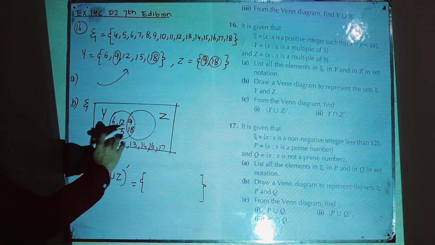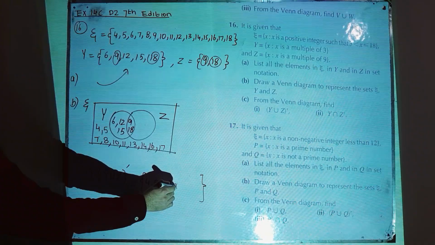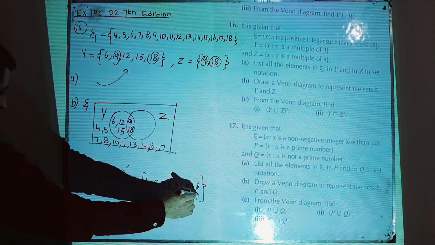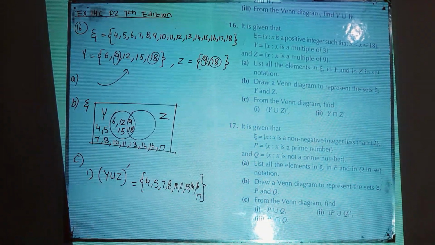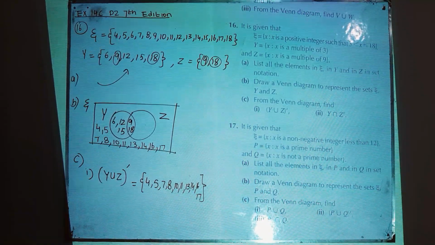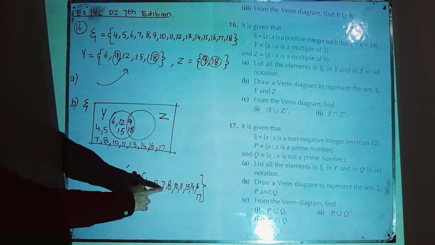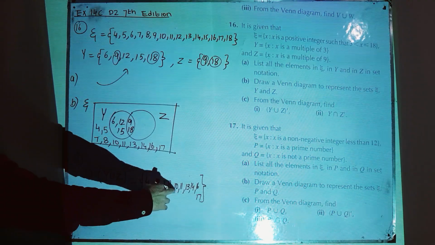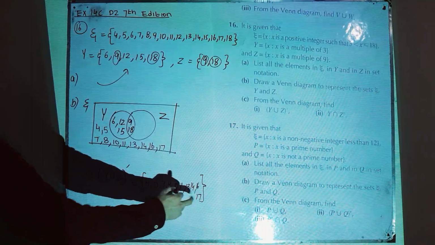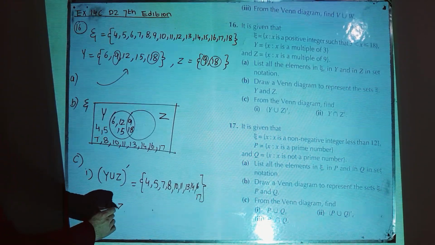So the elements outside the circles are 4, 5, 7, 8, 10, 11, 13, 14, 16 and 17. This is the answer for this part. Question number 16, part C, and the answer for this one is 4, 5, 7, 8, 10, 11, 13, 14, 16, 17.